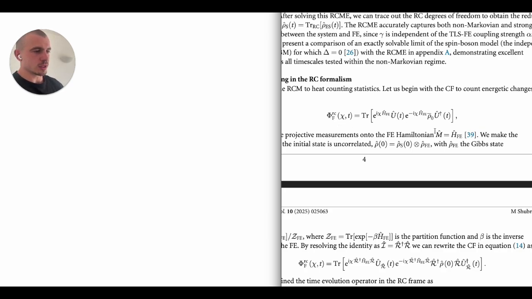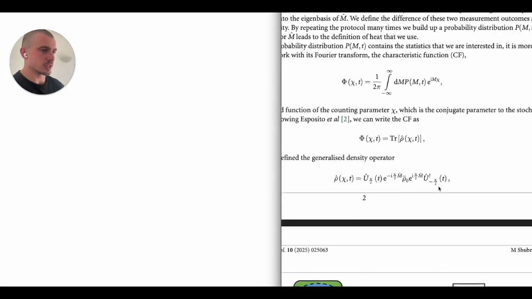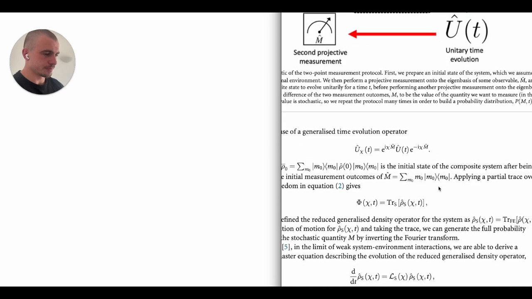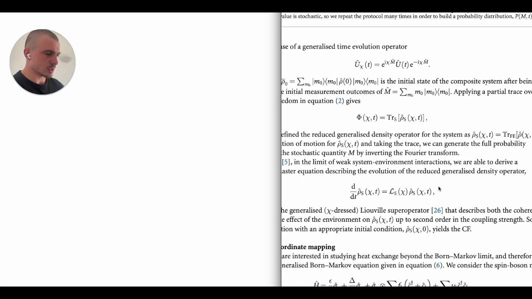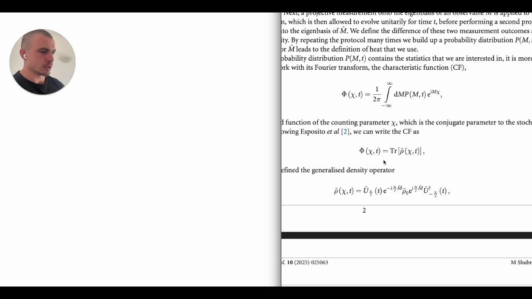So what we've done here is we've taken our general equation for a characteristic function that calculates the statistics of a quantity m, which is, let's see. Okay, so it would be this equation here if we put in this form of rho of chi of t, where we choose what operator m we're performing these projective measurements onto.